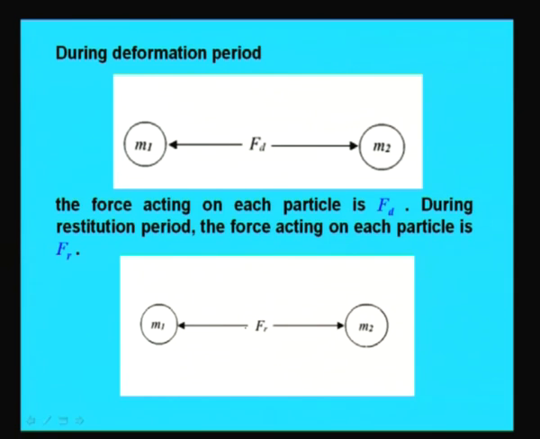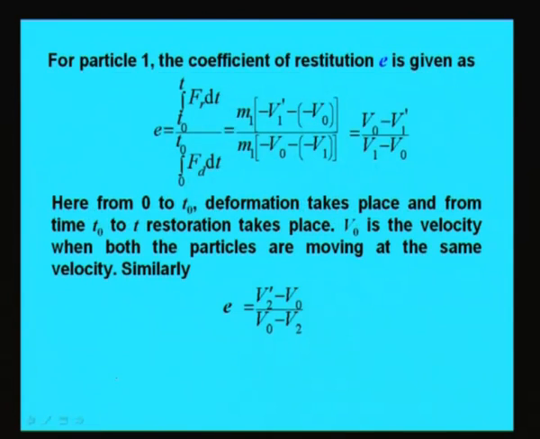The force is actually in the same direction, because this is M2 and this is M1. During the restitution period also, the bodies will experience the force Fr. Now, for particle 1, we can consider any one particle.